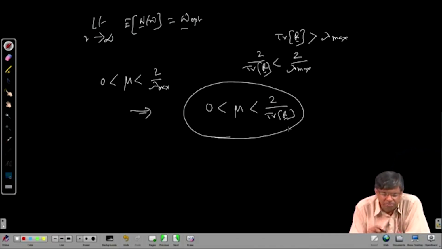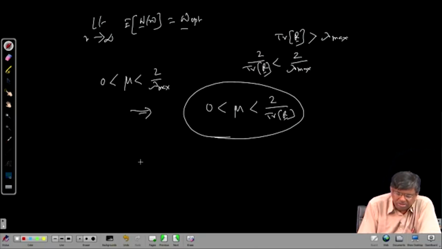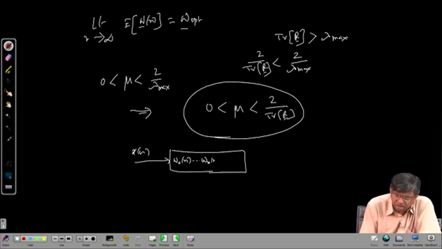So this is how I have given the proof of the LMS algorithm, and the LMS algorithm is shown schematically like this: x n, w 0 n, dot dot dot, w k n, this is y n.